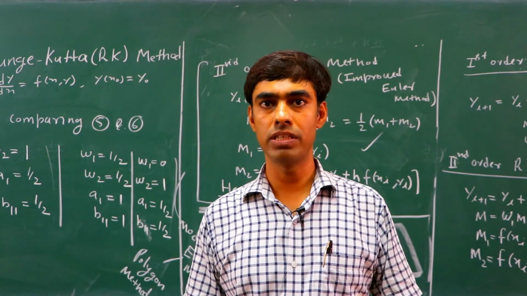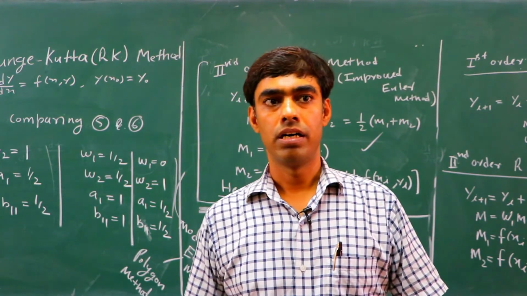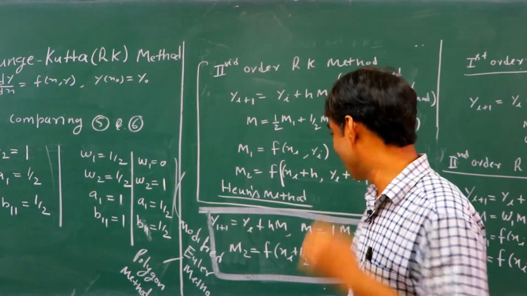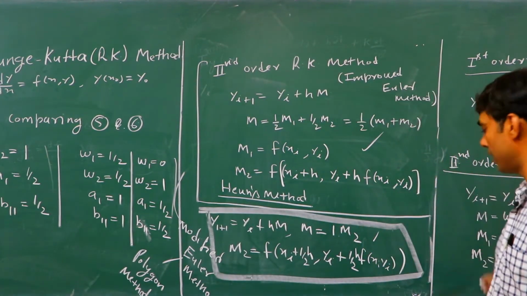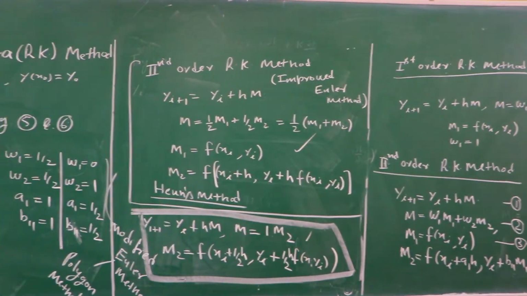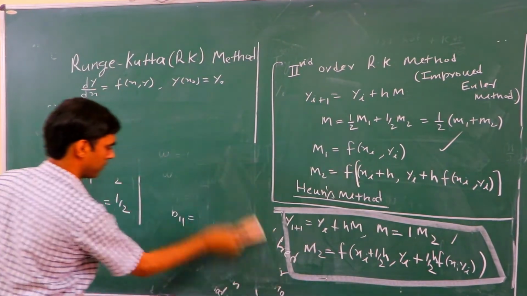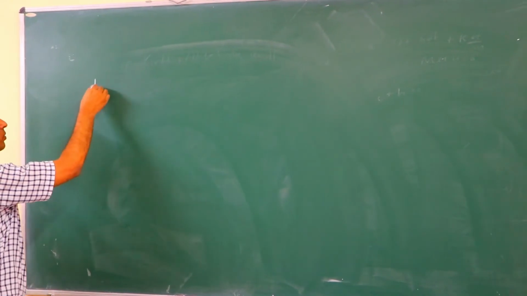The most popular form of RK method is the fourth order RK method, because here we use four slopes, M1, M2, M3 and M4. So now we are going to discuss fourth order RK methods.